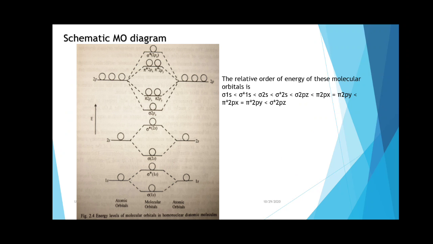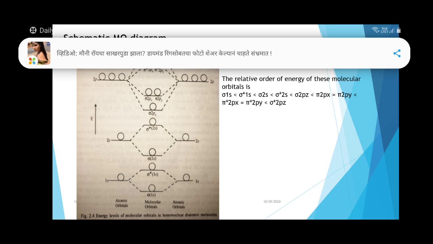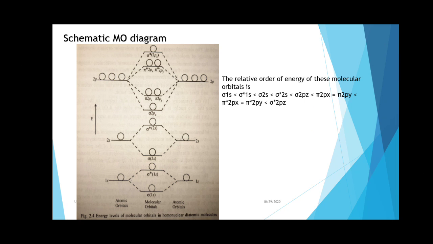Those who know about the MO diagram, it is not new for you, because we already discussed it, or you might have learned it in the last year, second year of BSc, for a simple diatomic molecule. But as we know, one of the features of MOT is that it helps to understand the formation of a molecule with orbital overlap of atomic orbitals.